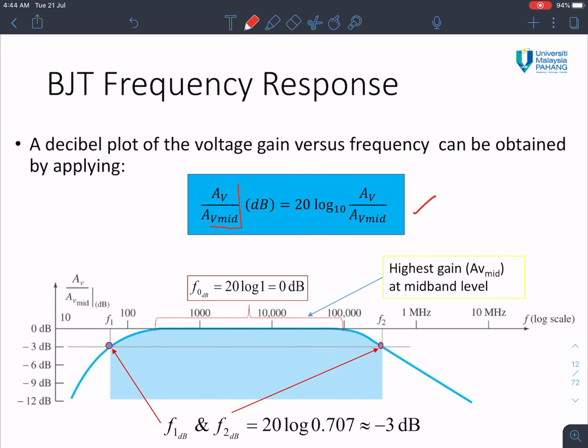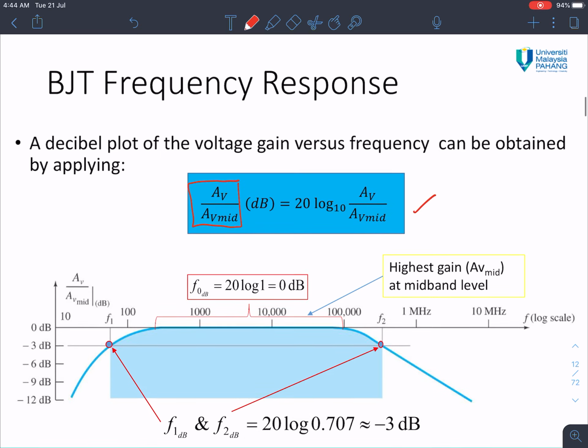This is the equation we saw for the normalized gain, and to convert it to decibel, we take log 10 of AV over AV mid and multiply by 20, so we get our gain in decibel.